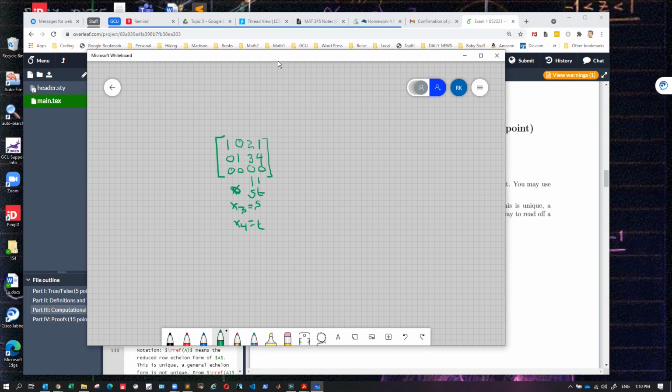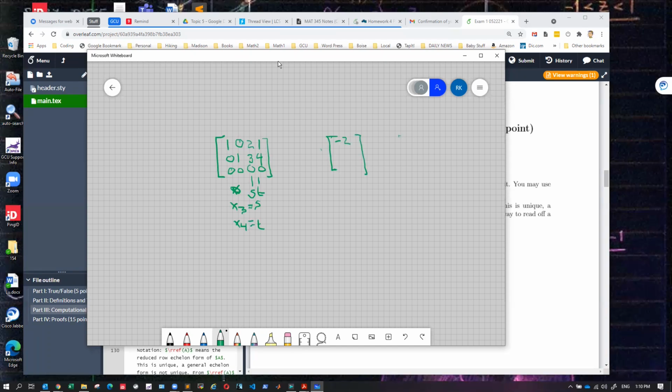What we're going to get is x1 equal to minus 2s minus t. We just put minus signs in front of those things. So we're going to have minus 2s, because I called that s.